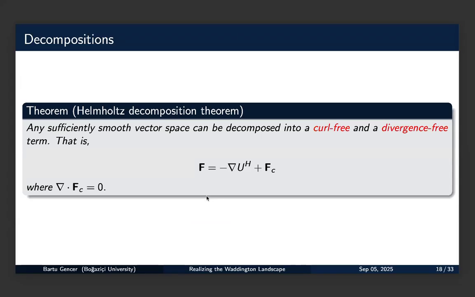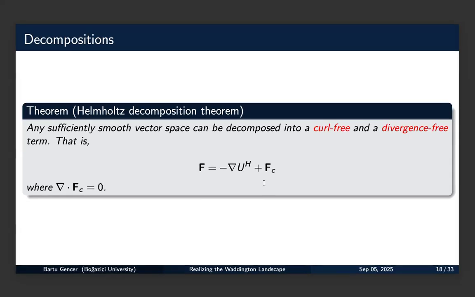And when you work with field decompositions, the first theorem that comes to mind is the Helmholtz decomposition theorem, which is actually only a statement in 3D, but there are generalizations of it, called the Hodge decomposition theorem. It basically states that any sufficiently smooth vector field can be decomposed into a curl-free and a divergence-free term.